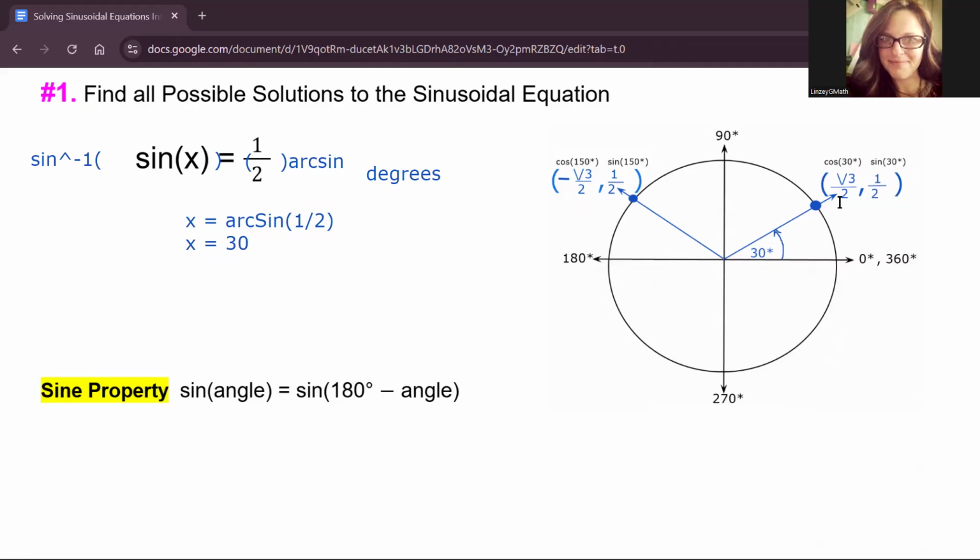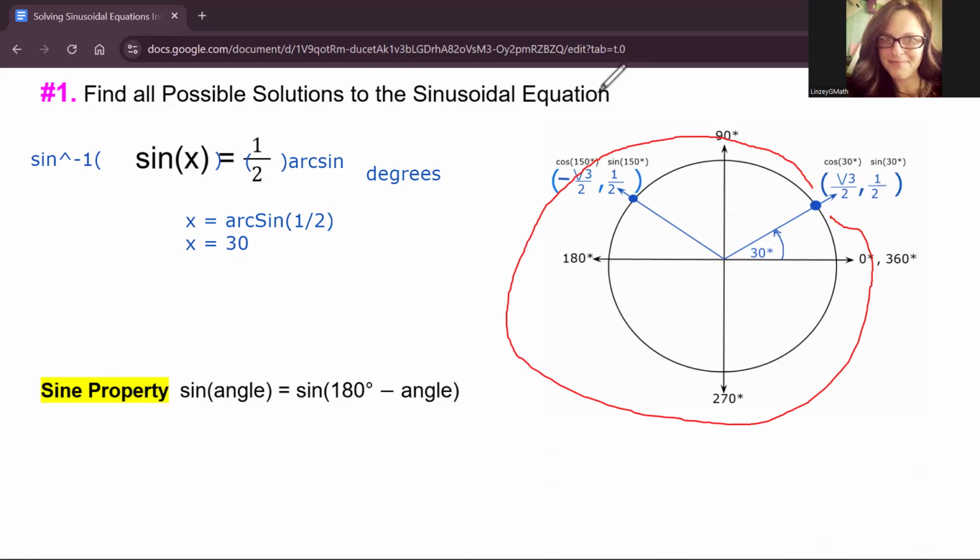We see here that 30 degrees on the unit circle, we get sine of 30 degrees is equal to +1/2. Now, we can find other angles for which sine is equal to +1/2. If we go all the way around the circle, 360 degrees, we will end up back at this point.